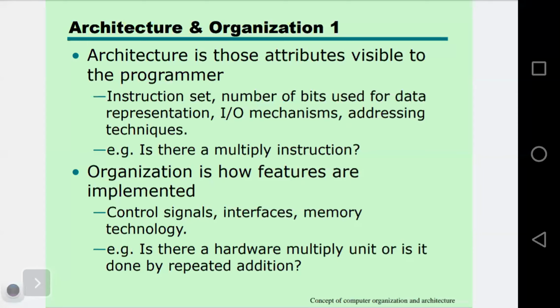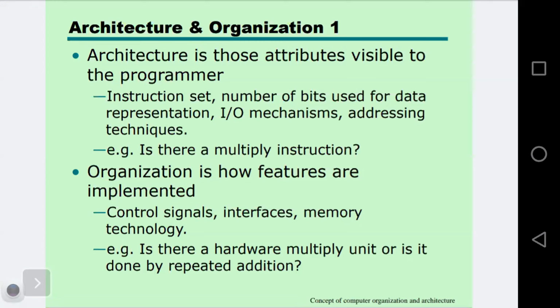The second thing is organization. Architecture means what, and organization means how. Architecture means what things are available. If you want to perform any task in the program, what instructions are available?